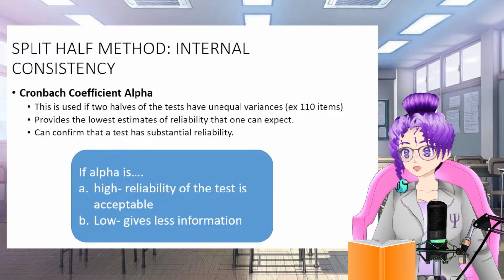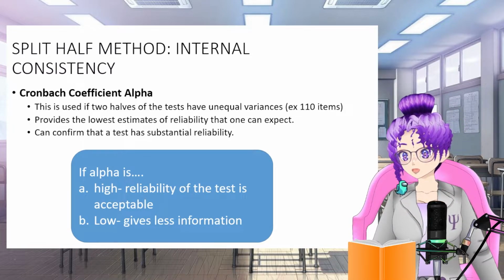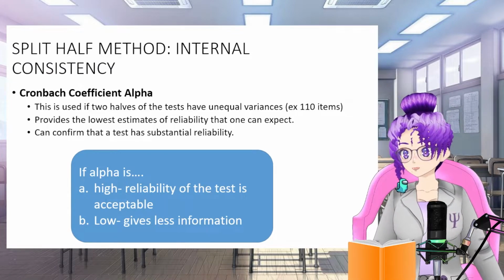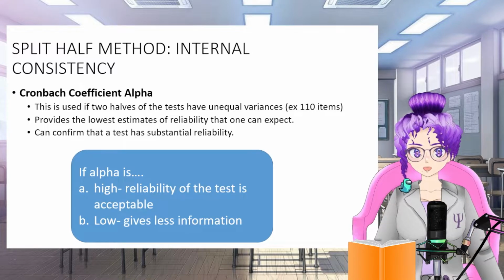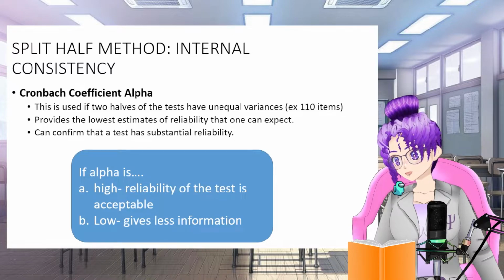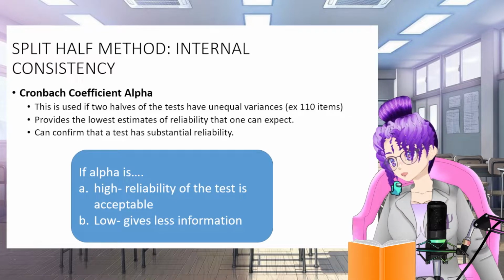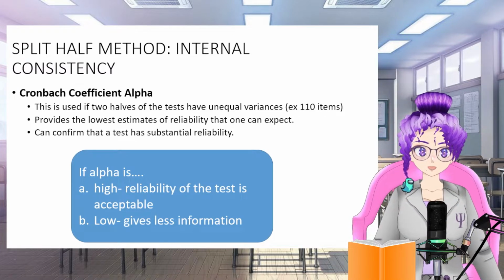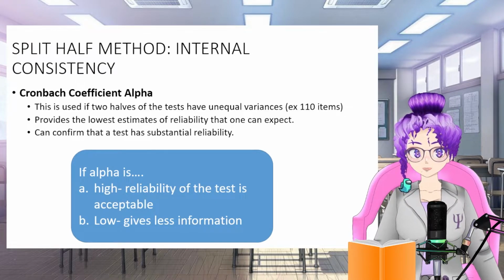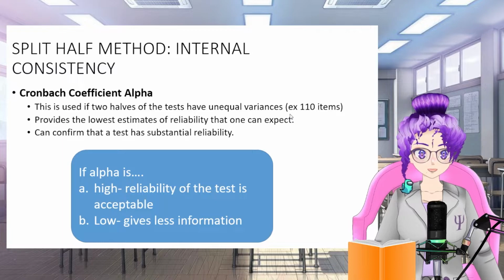And it provides the lowest estimate of reliability that one can expect. It can also confirm that the test has substantial reliability. So if the alpha is high, the reliability of the test is acceptable. But if it is low, it means that the test is not reliable and gives less information.